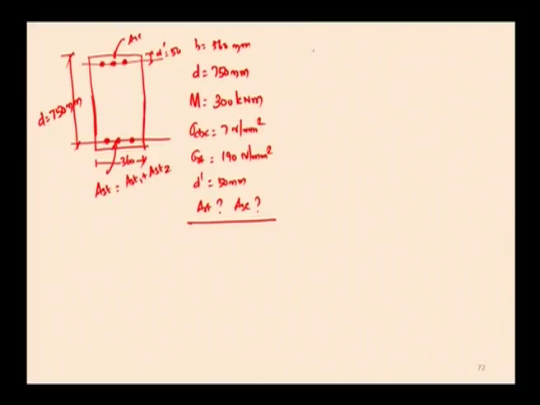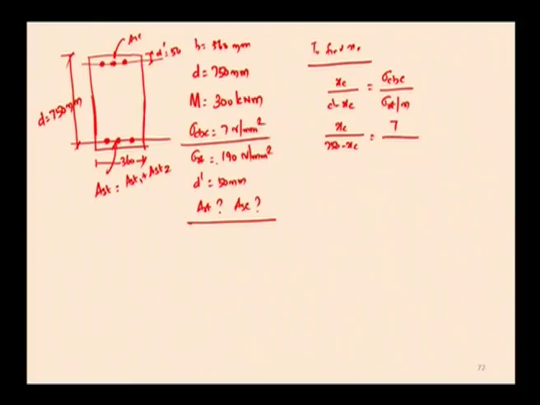Now, first to find XC, XC by D minus XC is equal to sigma CBC by sigma ST by M. So, XC by 750 minus XC is equal to 7 divided by 190 divided by 7, for M it is 13.33, so XC must be equal to 247 mm.